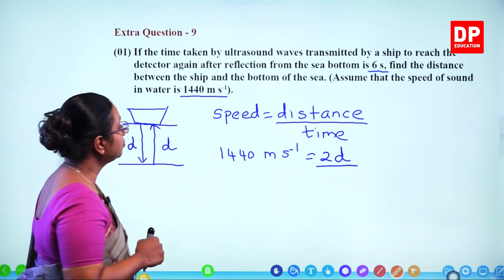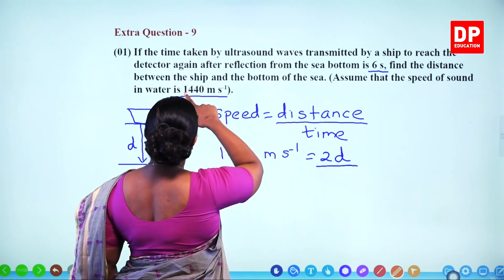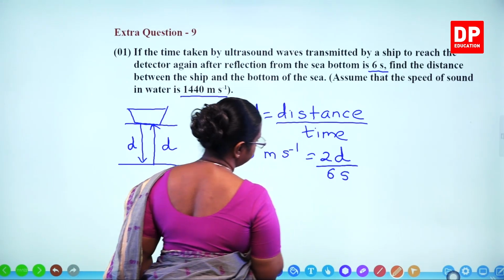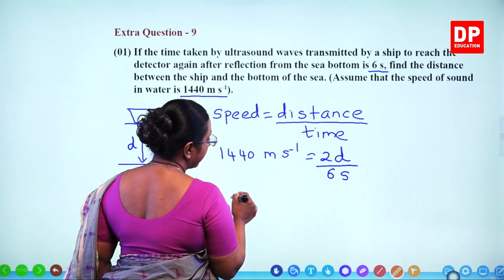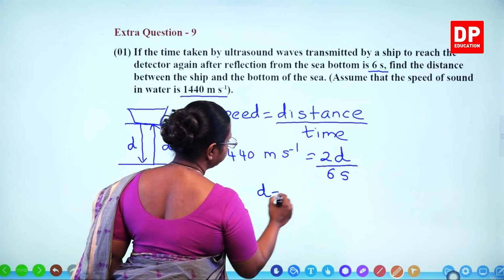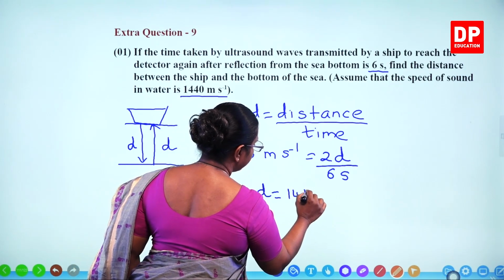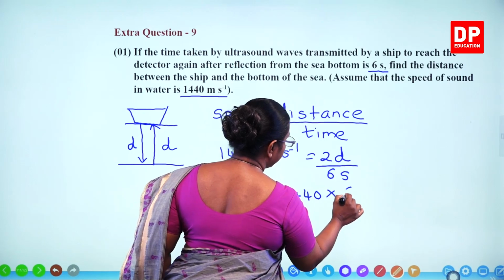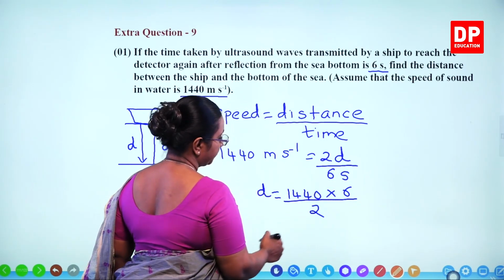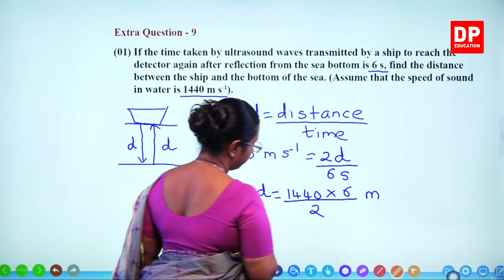So it travels 2d distance and the time taken is given to you as 6 seconds. If we rearrange the equation, d will be equal to 1440 into 6 divided by 2. That will be in meters.